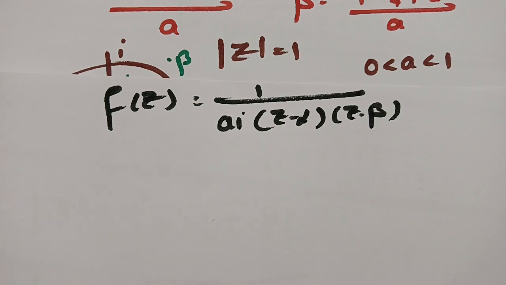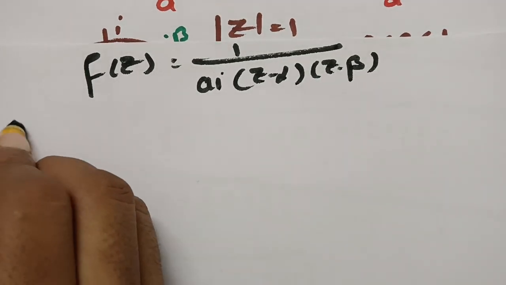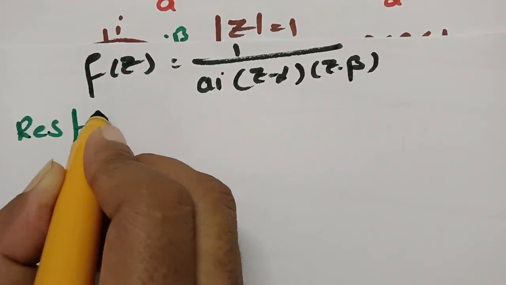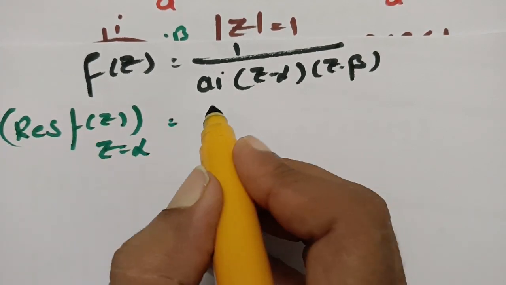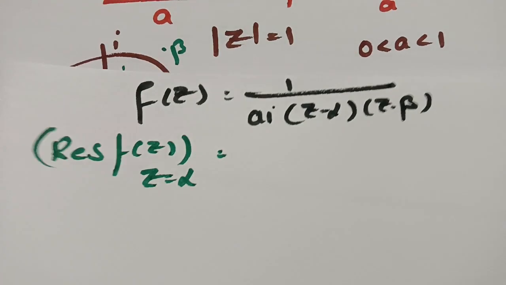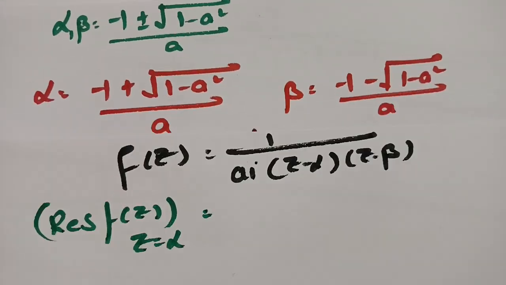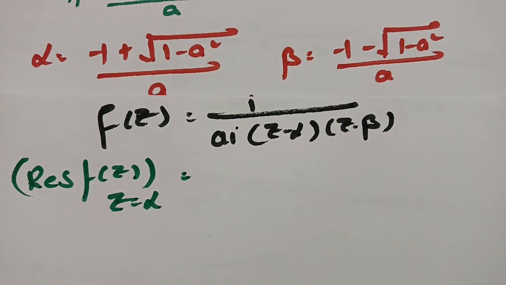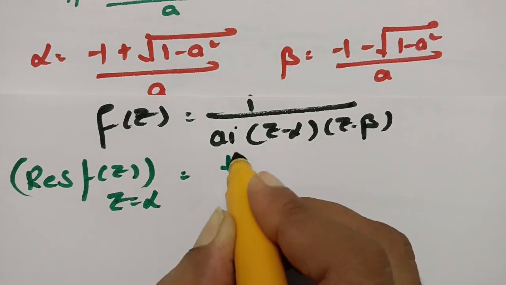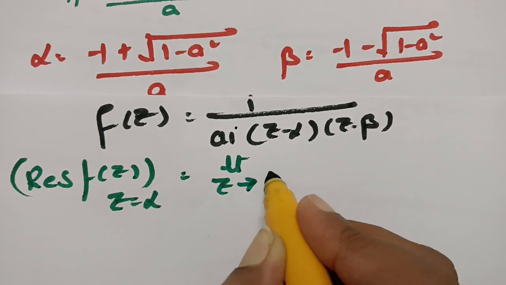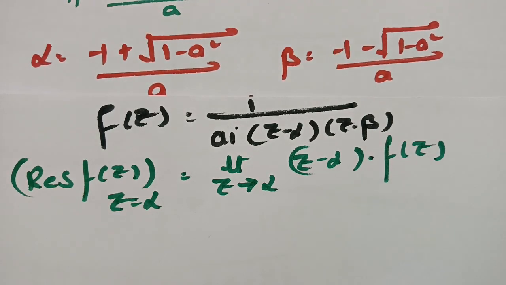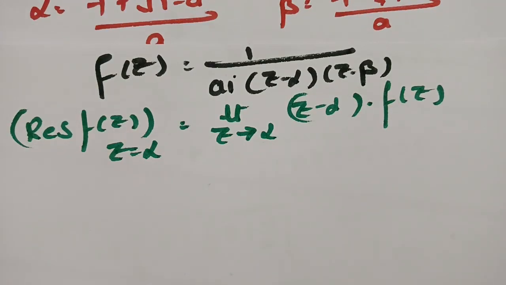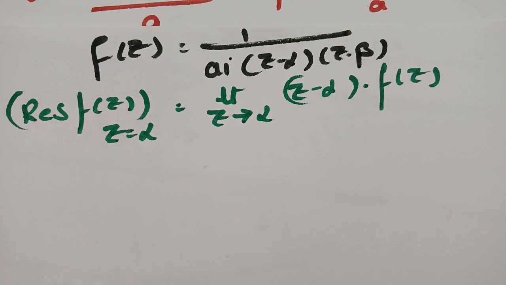So the residue of f of z at point z equal to alpha is nothing but the limit z tends to alpha of z minus alpha into f of z.